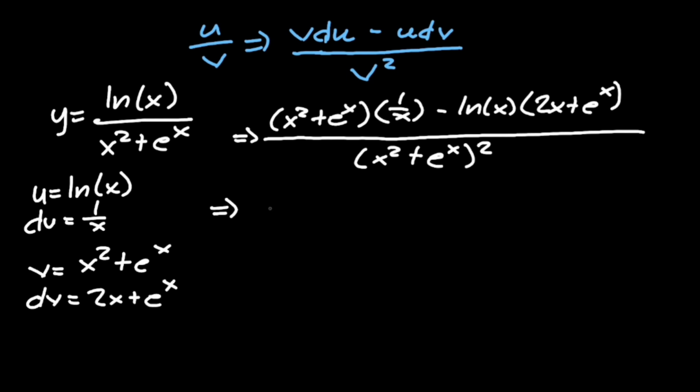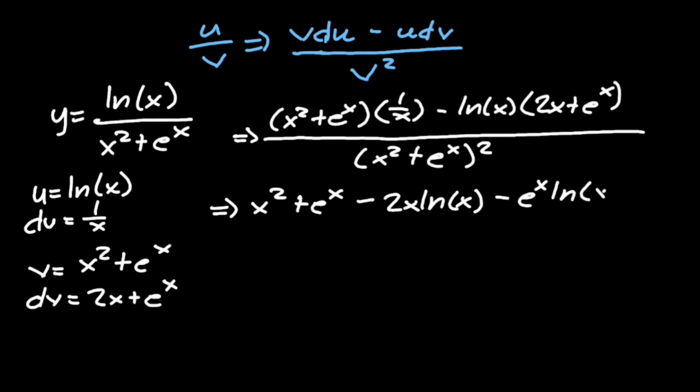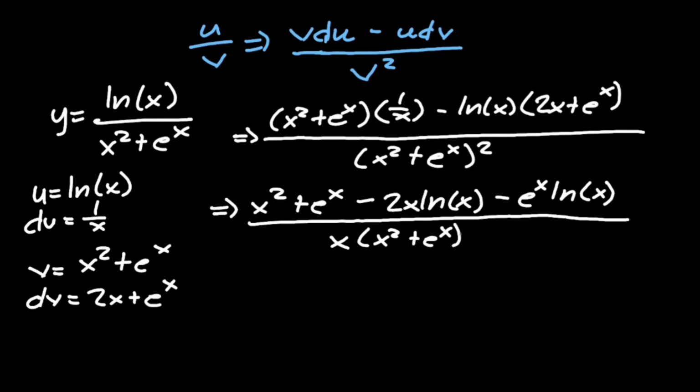Simplify this even further, and you will get x squared plus e raised to the power of x minus 2x ln of x minus e raised to the power of x ln of x, over x multiplied by x squared plus e raised to the power of x, raised to the power of 2. Simplify this even further if you want, but I will leave it as it is.